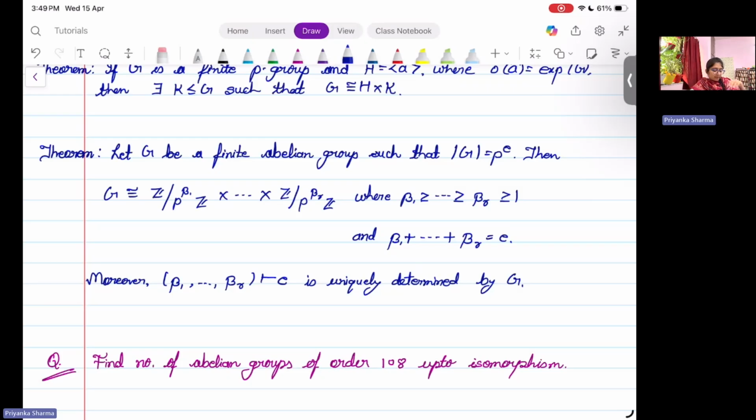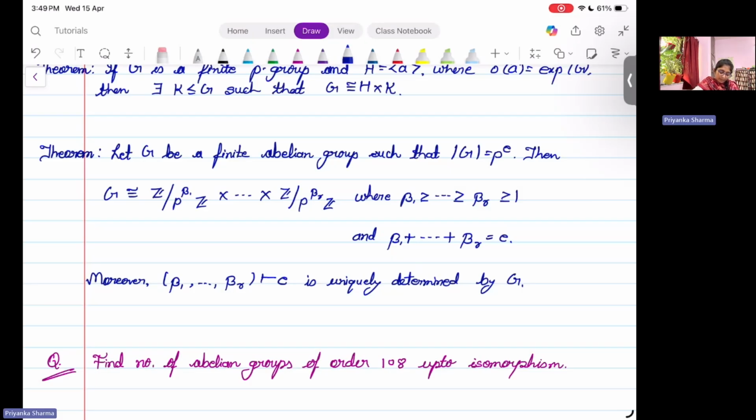This is because the order of Z mod p to the power beta r Z will divide the order of Z mod p to the power beta r minus 1 Z. So that's why we have this relation here. And the sum of all beta i's gives us the power of p in the order of group G. Or we can say that beta 1, beta 2, up to beta r is a partition of e, and this is uniquely determined by the given group G.